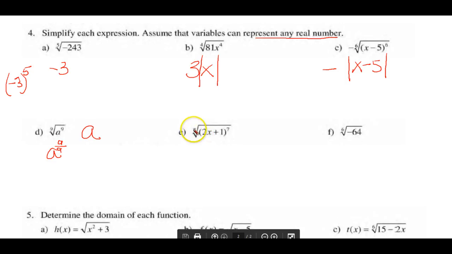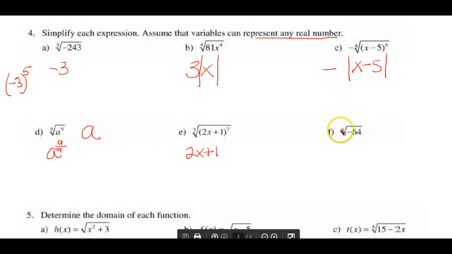So when the index number and the exponent we're raising something to is the same, it just becomes the radicand. And because it's an odd index number, we don't have to use the absolute signs.